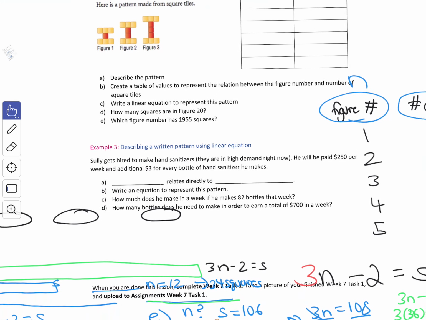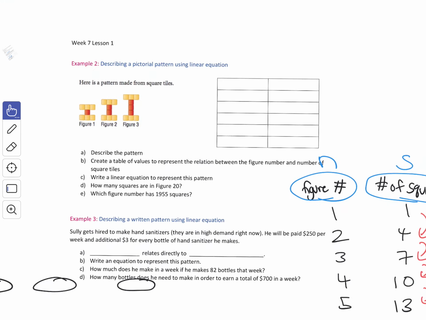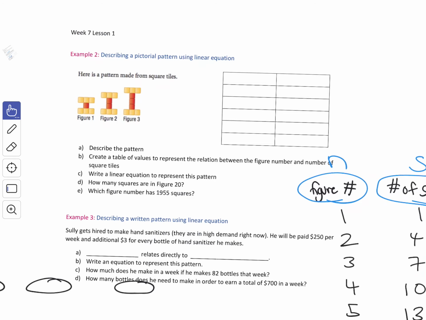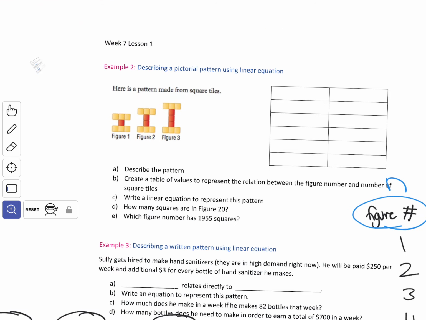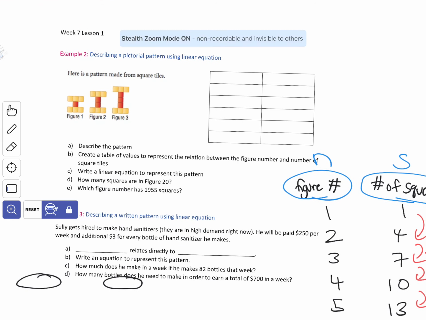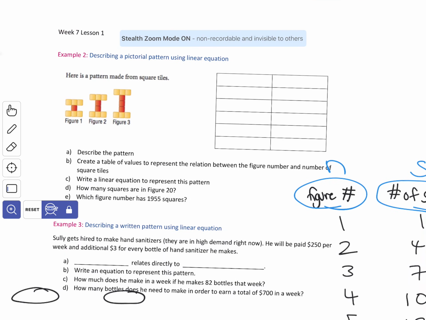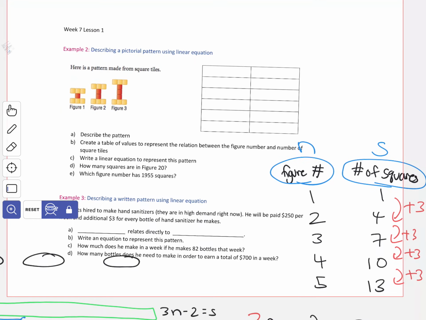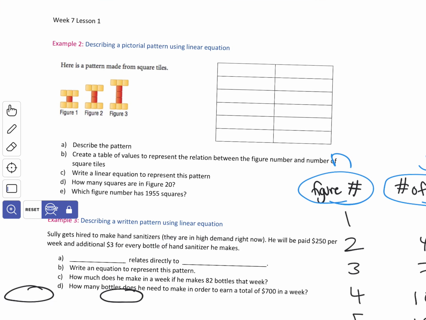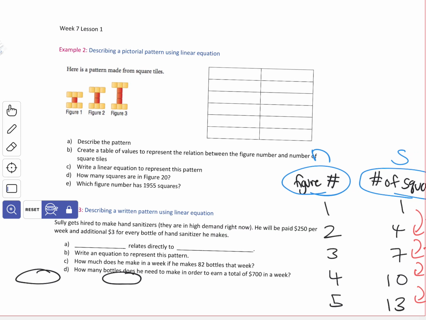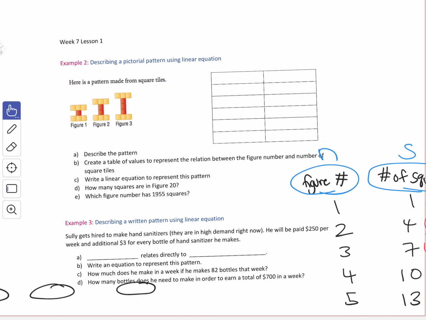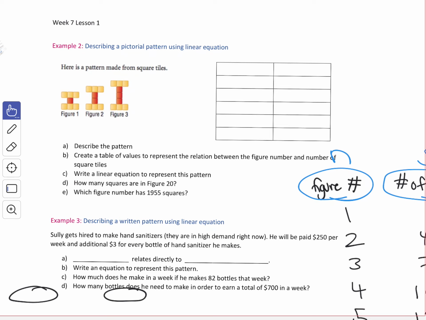Let's use this one. Okay, we're going to look at this page right here. How do I get rid of these numbers? Okay, maybe I'll just erase it.